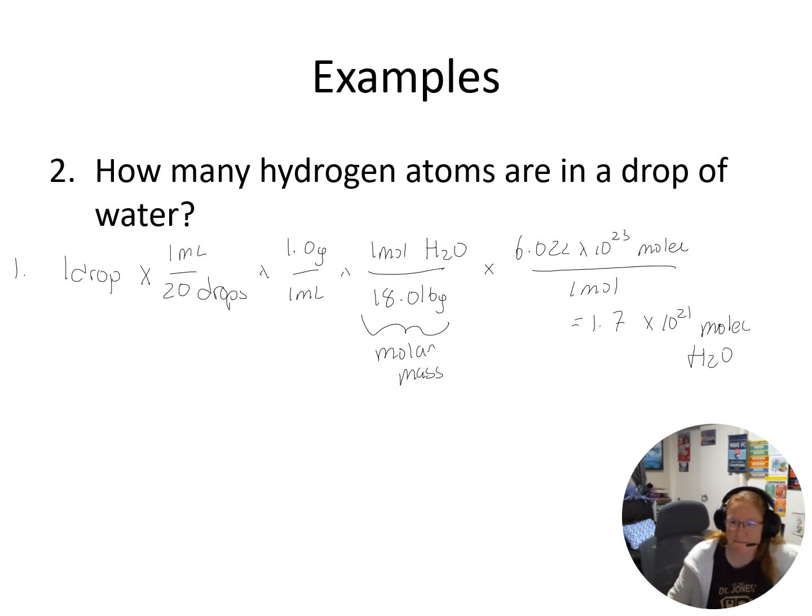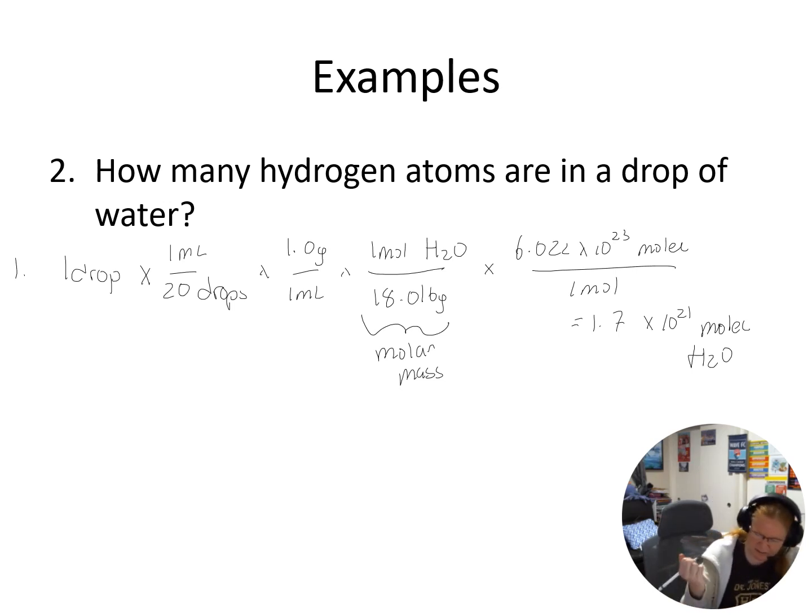Okay? All right. Now, I want to know how many hydrogen atoms are in this 1 drop of water. Well, I know how many molecules of water I had in that 1 drop. So how do I go from molecules of water to atoms of hydrogen?